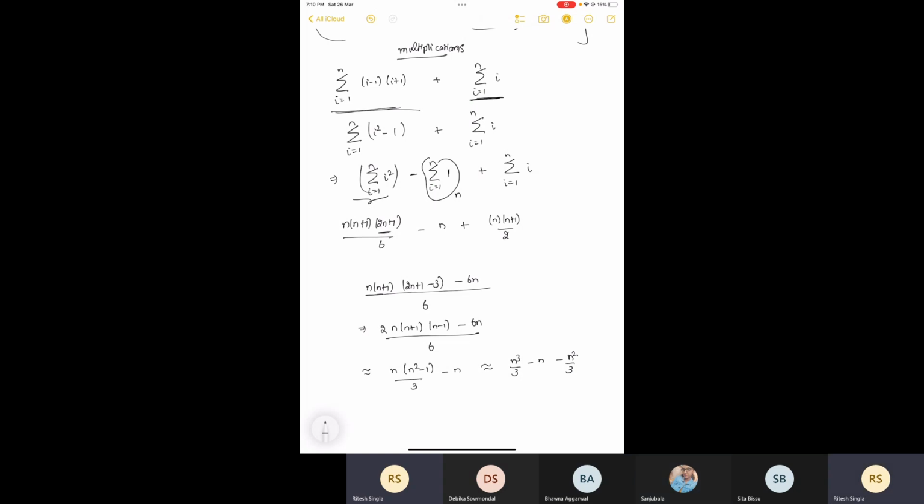So probably I have made some calculation mistake somewhere. It is 2n plus 1 minus 2. Can you figure it out for me, please?